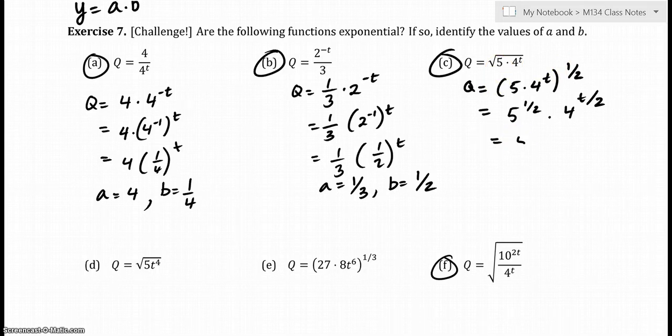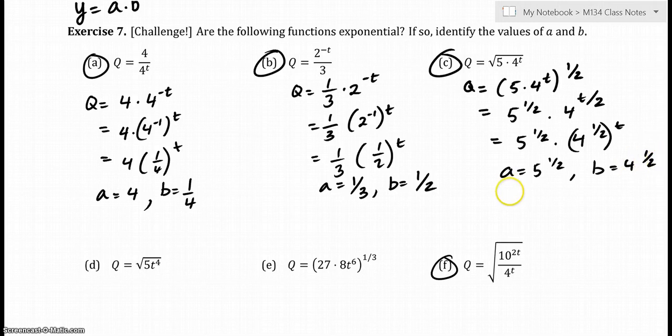And then this is a good answer for my a, but I'm going to do one more thing here and make this a 1/2 raised to the t, so I can see that my a is 5 to the 1/2, and my b is 4 to the 1/2. By the way, you could write it like that, or you can write a is square root of 5, b is square root of 4, which, by the way, square root of 4 is 2. So b just turned out to be 2.